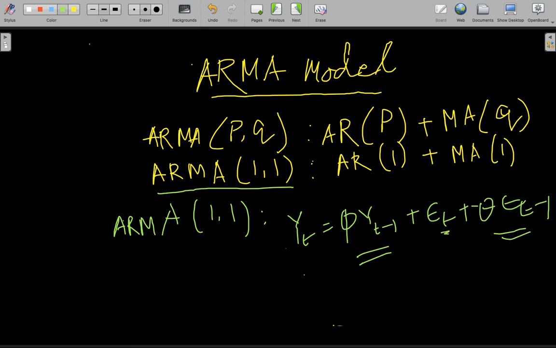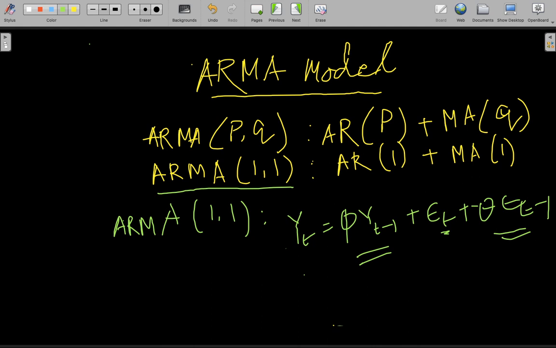In the first component, phi Yt-1 gives us the actual observation of the past period, which we adjust with a weight of phi, whereas theta epsilon t-1 gives us the past period error value, and when we multiply it with theta, it gives us a weighted past period error value.